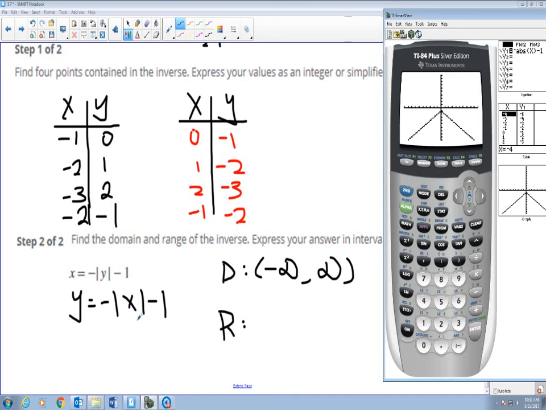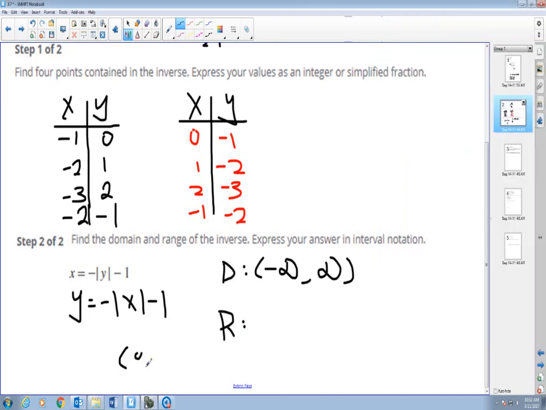Inside the function there's no plus or minus, so that means what? I'm not doing any horizontal shift. The -1 here tells me I have shifted down one place. So my vertex has got to be (0, -1). So my range is from down up, coming from -infinity all the way up to -1 using a bracket.